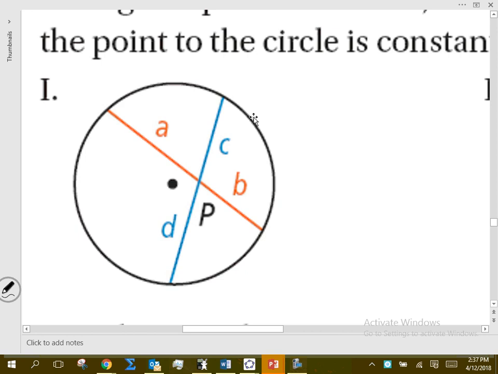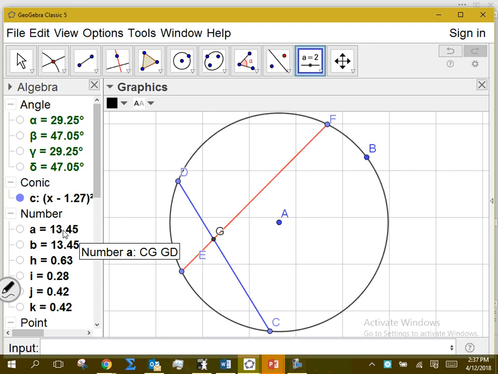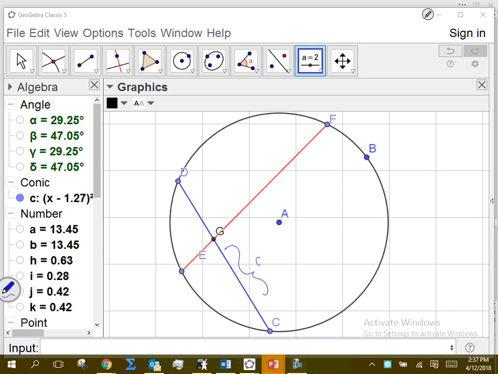It's not all that hard to look at and realize using this picture here. I've put in what GC times GD is. GC would be that distance there, maybe we called that A in the last slide, and GD would be that there, maybe we call it B. So I've got it multiplying those two blue sections together, and it's giving me that number, 13.45.